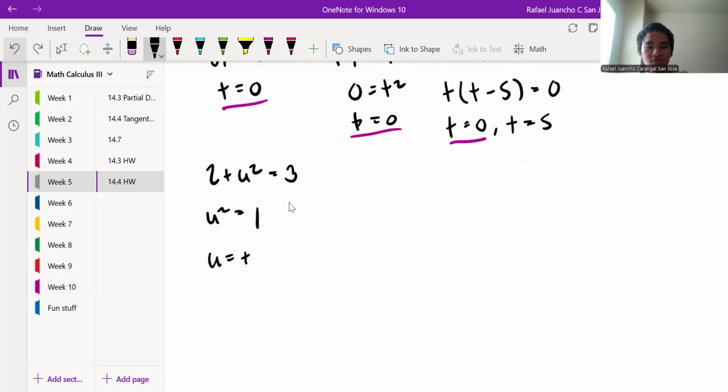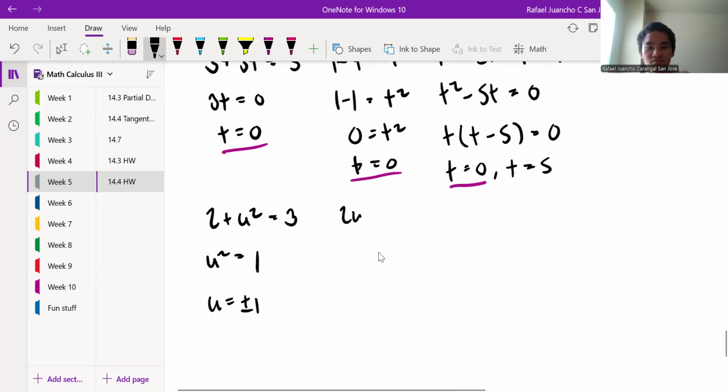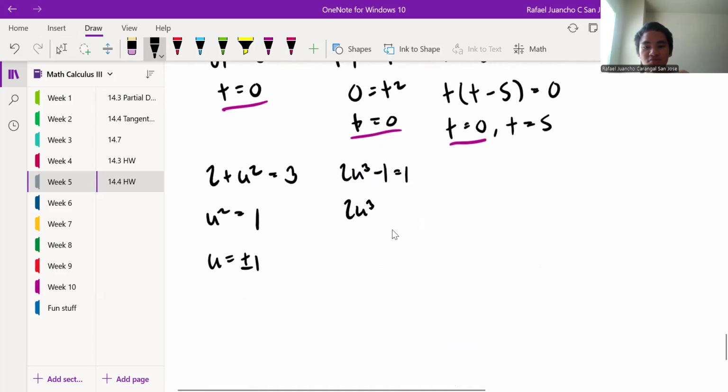Let's try another one. 2u cubed minus 1 is 1, and so 2u cubed is 2, u cubed is 1, and u is 1, because this is the cube root of 1, and this doesn't give me any negative value whatsoever.